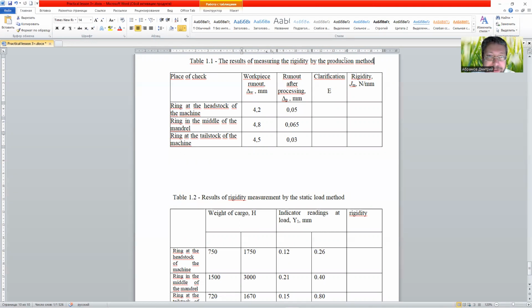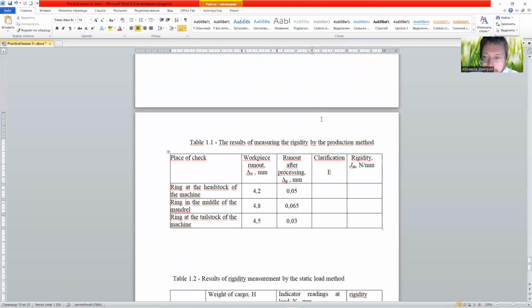The first method is the production method, and the second method is the static load method. First method, the production method. Use the parameters delta_W and delta_P to calculate first the error reflection coefficient E, and then the rigidity.